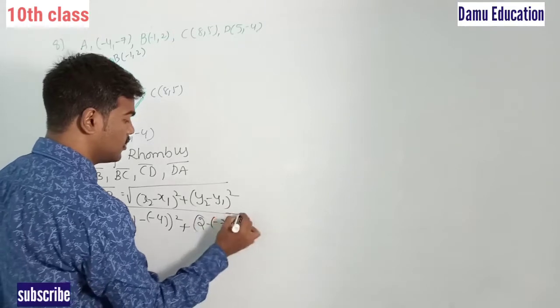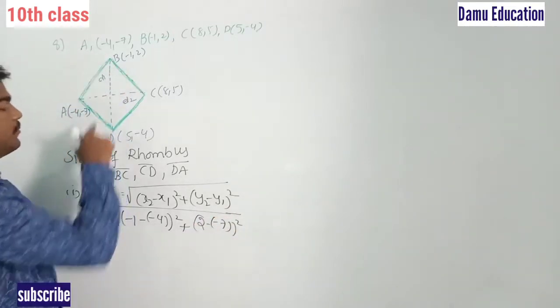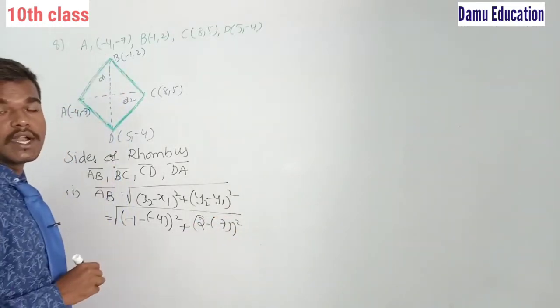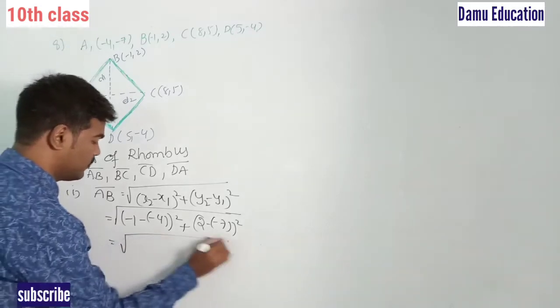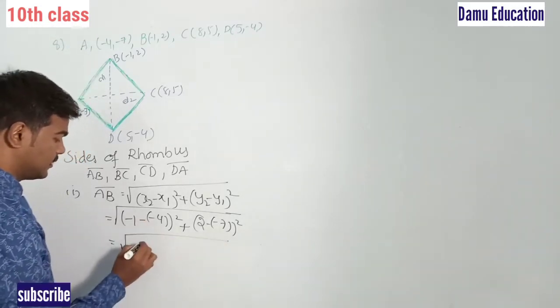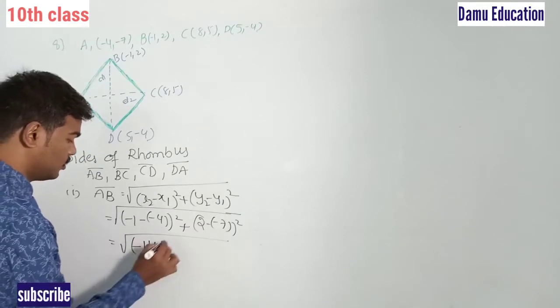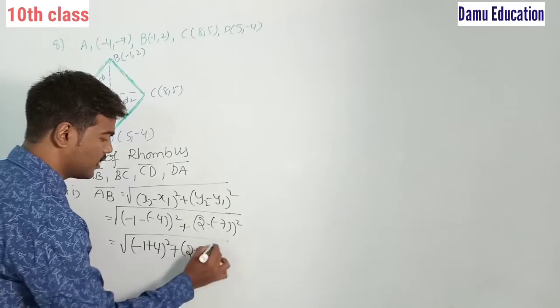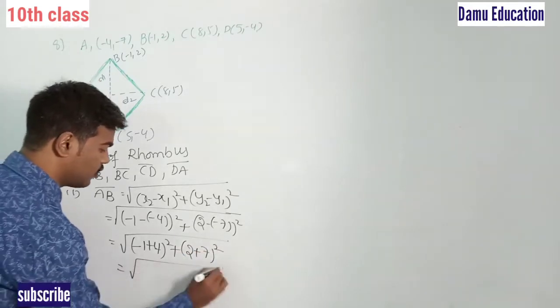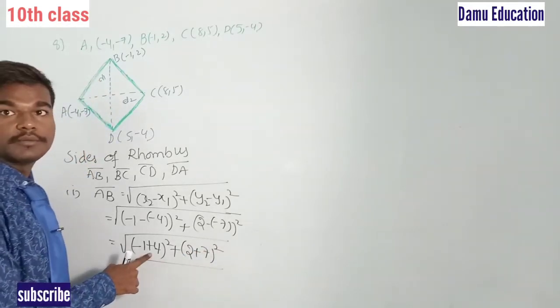So the square root of minus 1 minus of minus 4 whole square plus 2 minus of minus 7 whole square.